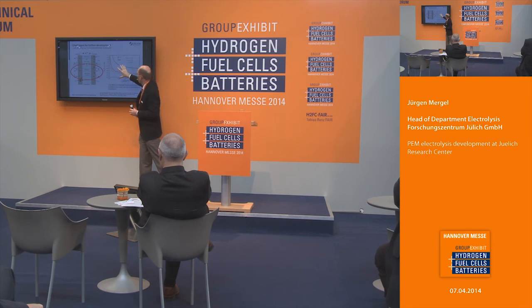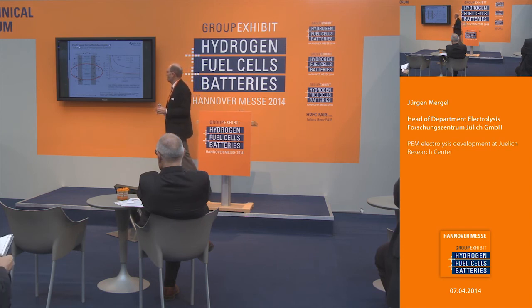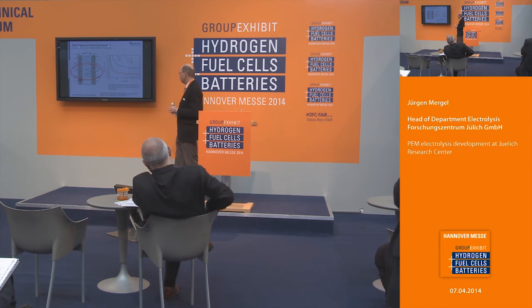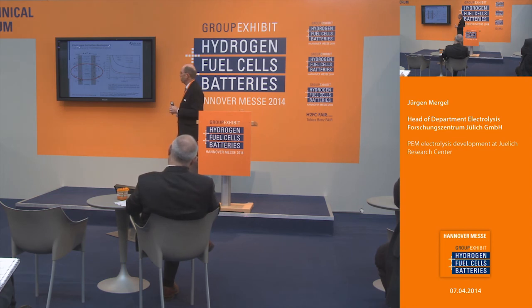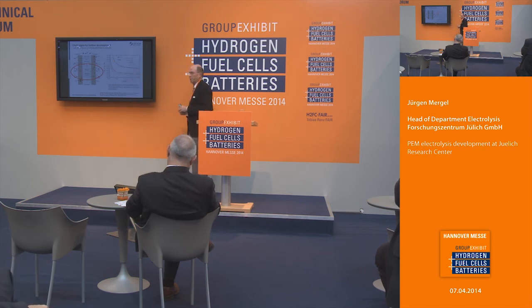If you go to lower current densities, it will increase up to 2%, which is very critical because of explosion. Normally the lower explosion limit for hydrogen in oxygen is 4%, and normally you must shut off your electrolyzer at 2%. Next slide, please.